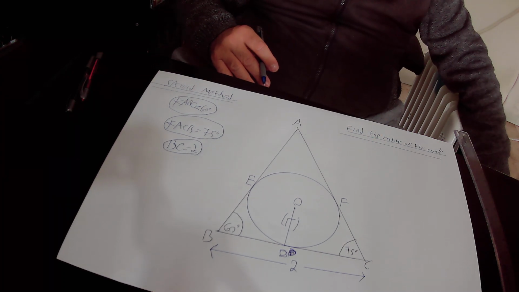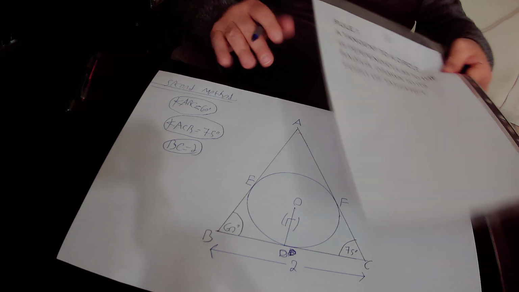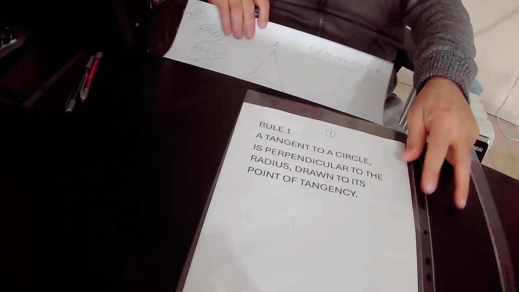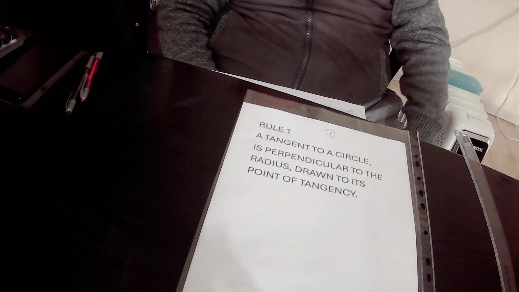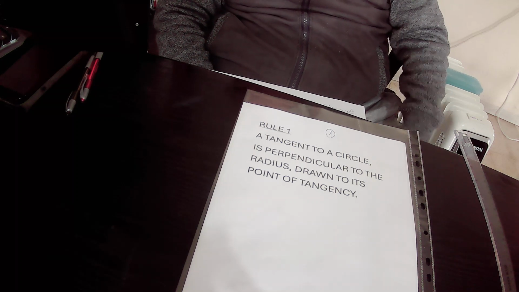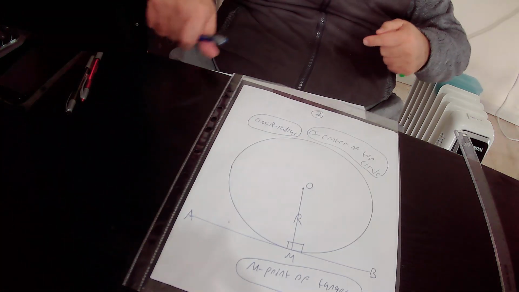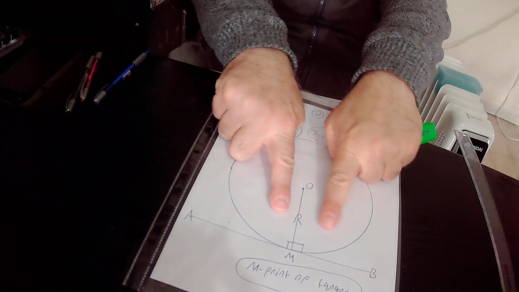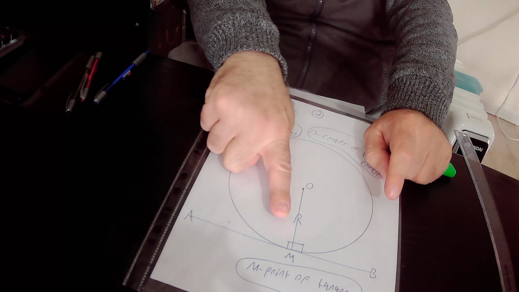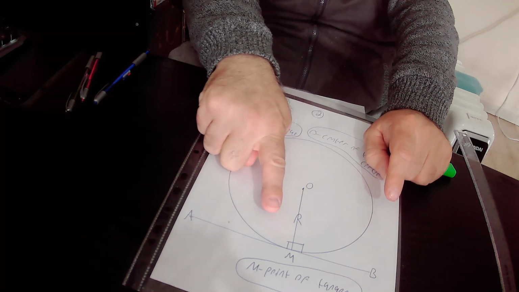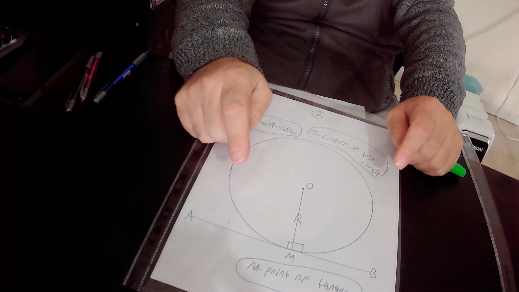According to rule number 1, a tangent to a circle is perpendicular to the radius drawn to its point of tangency. So we have here line segment AB tangent to this circle at point M. Point M is the point of tangency of tangent AB with this circle.